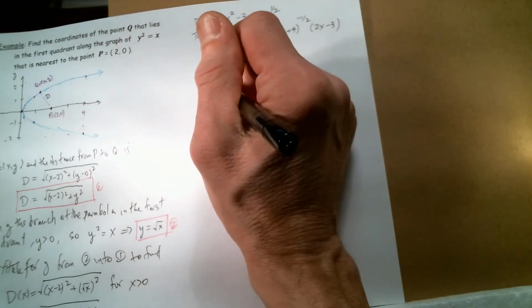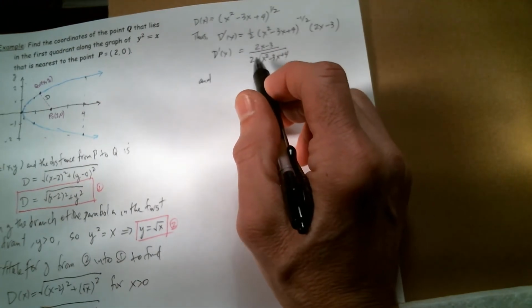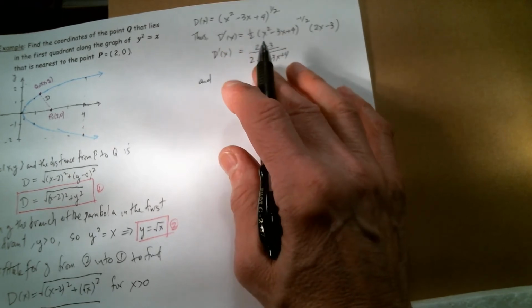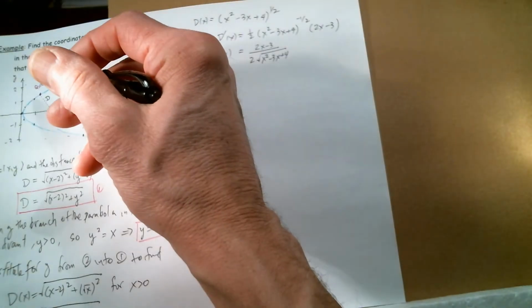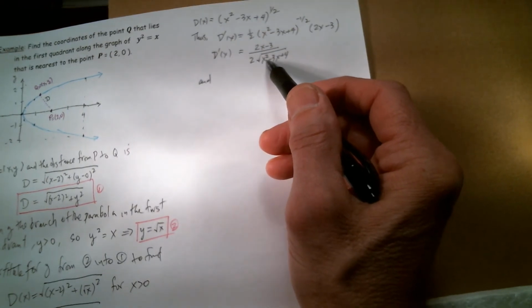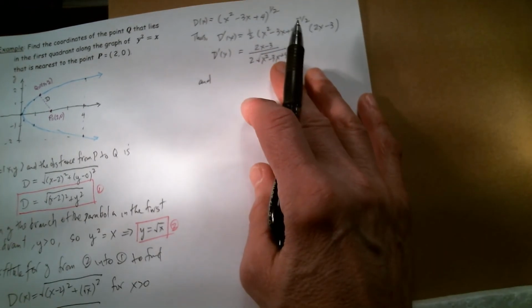We notice that, remember that the quantity in the denominator, the square root of x squared minus 3x plus 4, represented the distance from P to Q, which we knew was always positive, right? So the denominator will never be 0 for any positive value of x.